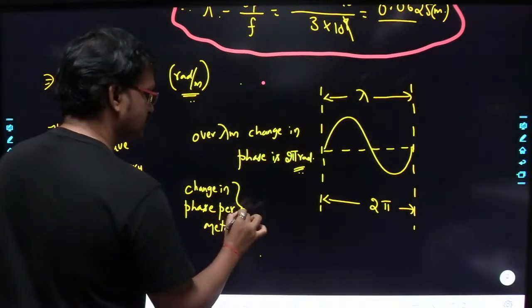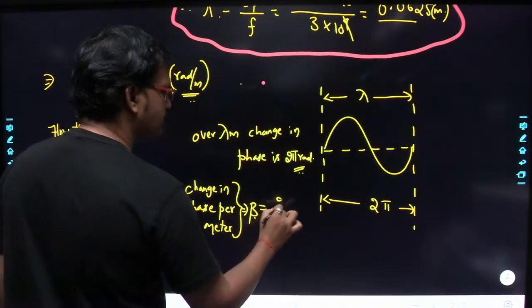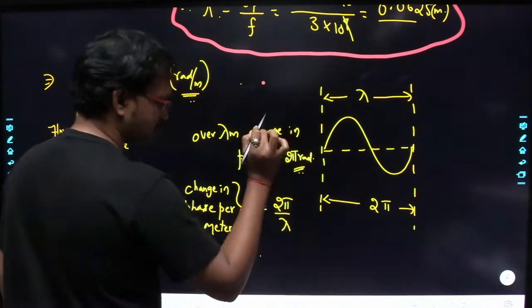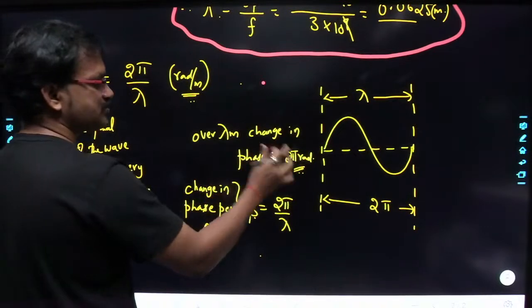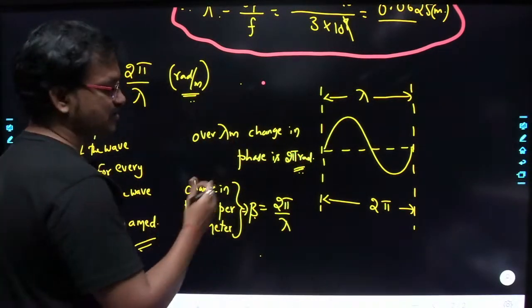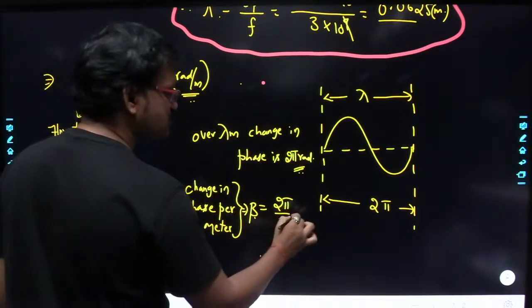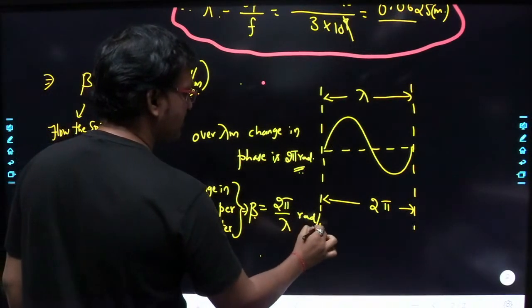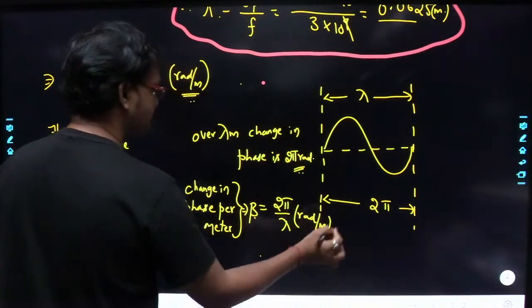So beta is equal to 2 pi by lambda radian per meter, right?